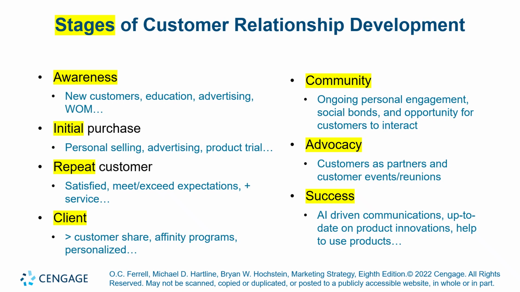That's awareness, the first stage. Then the potential customer becomes your customer and makes an initial purchase. The second stage is the initial purchase, through your personal selling, advertising, product trial, or others.